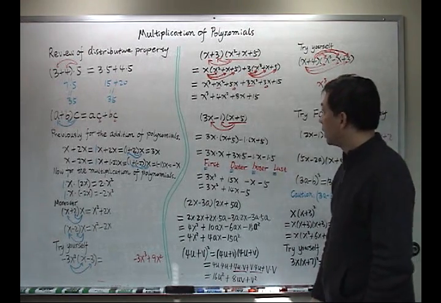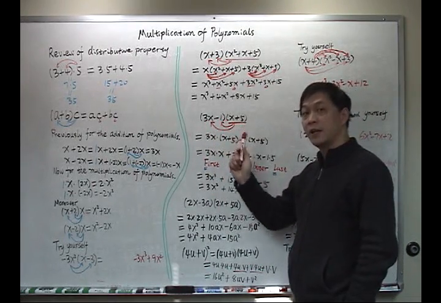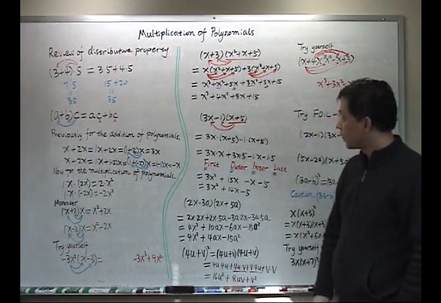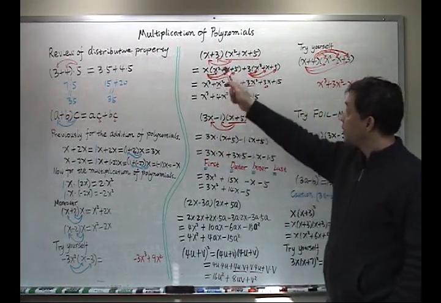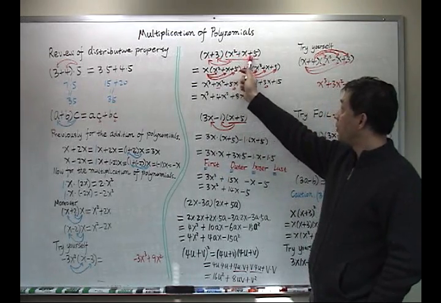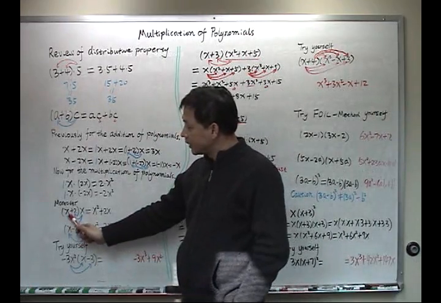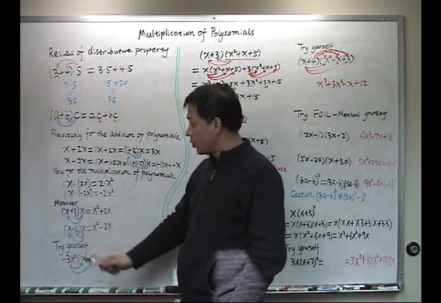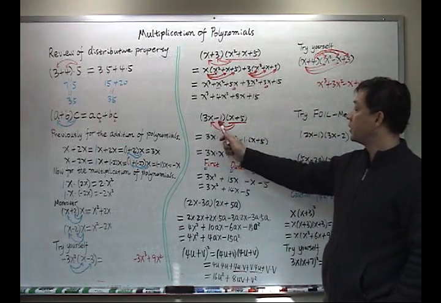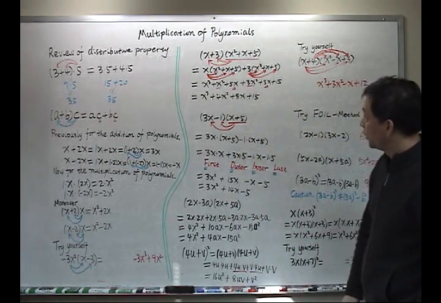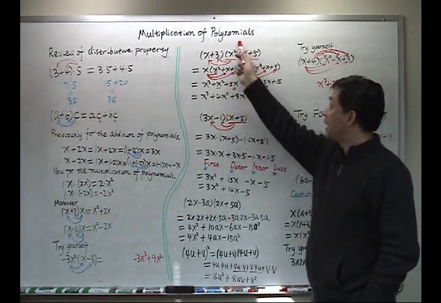Alright. Now, let's look at (3x minus 1) times (x plus 5). This is binomial times binomial. The previous one was binomial times trinomial because there are 3 terms, and before that was binomial times monomial. Now, for binomial times binomial, we again view x plus 5 as a whole chunk here.